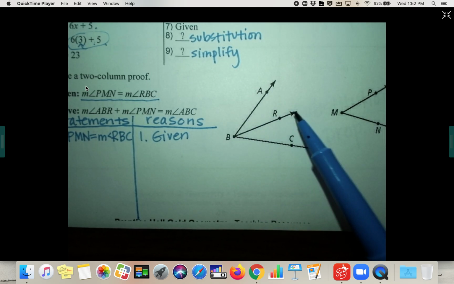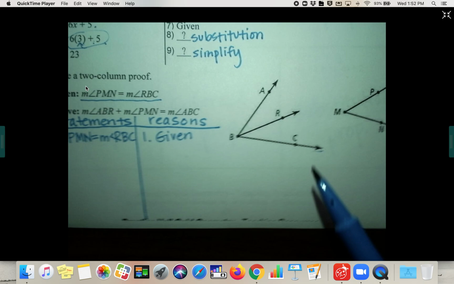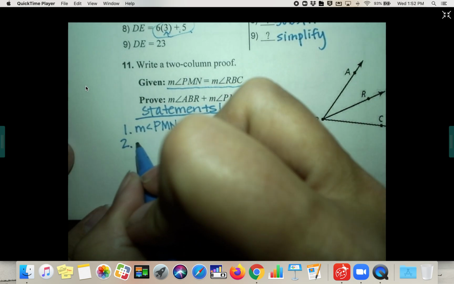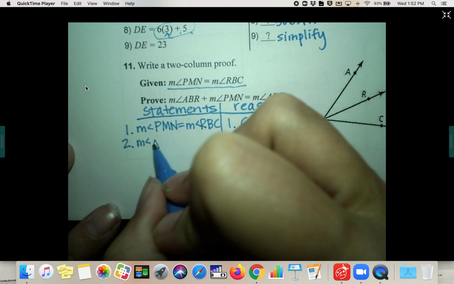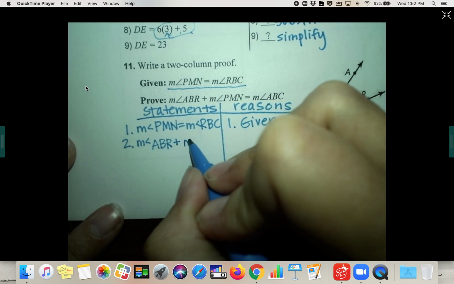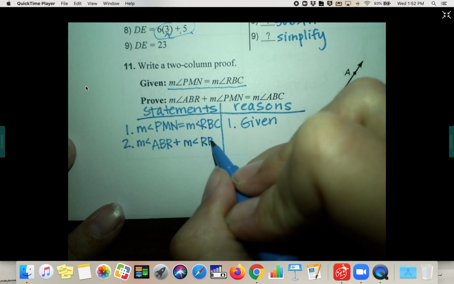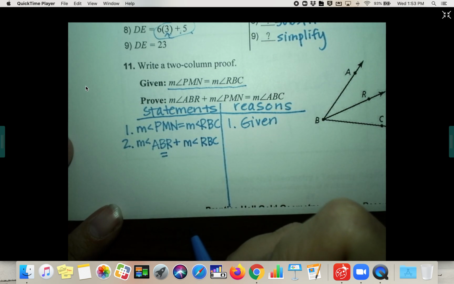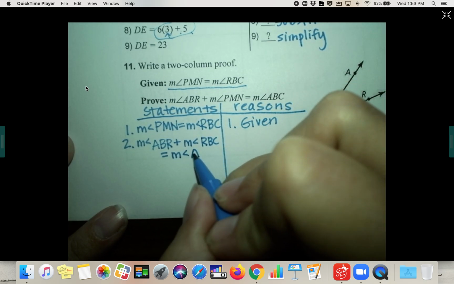ABR plus RBC to prove that it first equals this whole thing. So let's write that out. First of all, we want to say the measure of angle ABR plus the measure of angle RBC equals, I ran out of room right there, but that's okay, the measure of angle ABC.